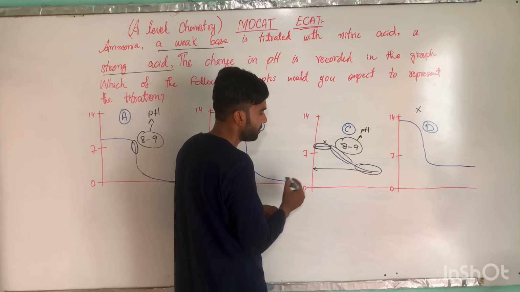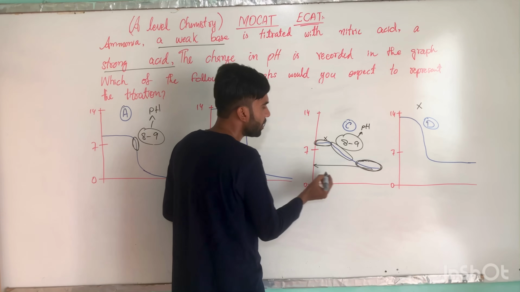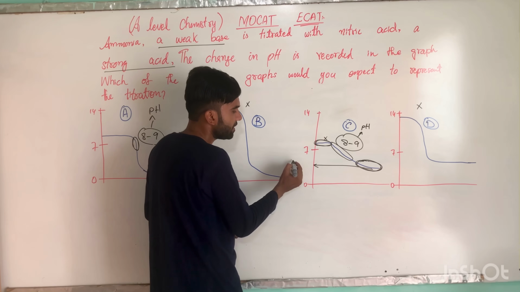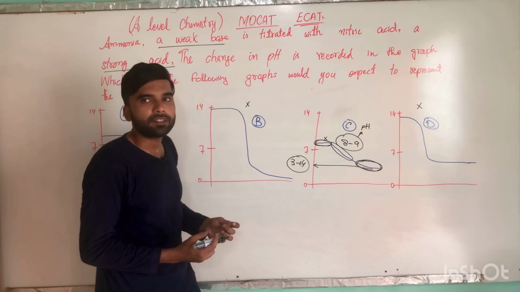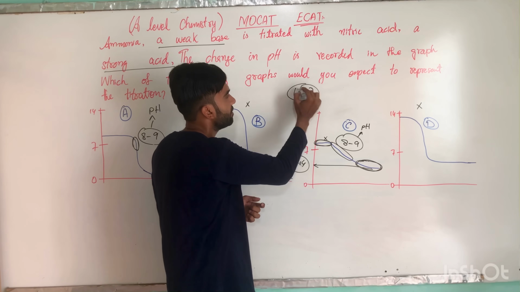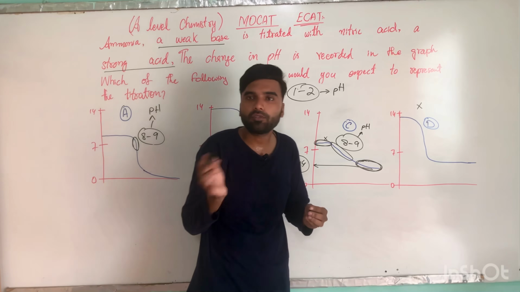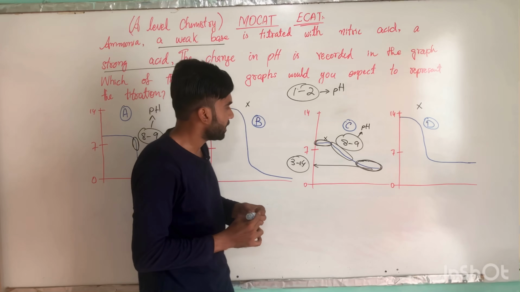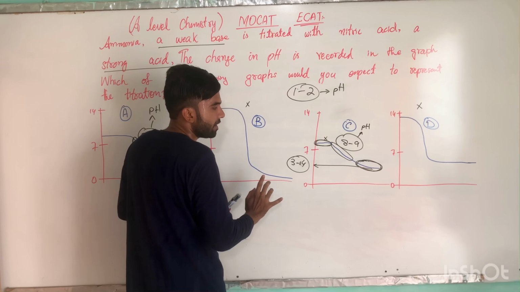According to this graph, in graph C the end point will be at pH 3 to 4. But the strong acid has a pH of 1 to 2. So the graph with an end point of pH 3 to 4 will be eliminated.